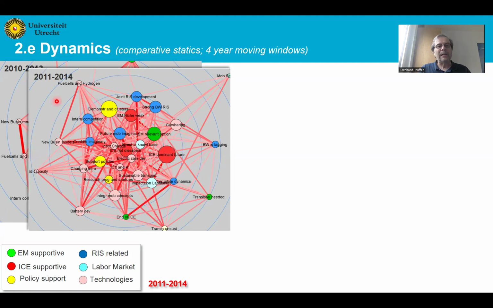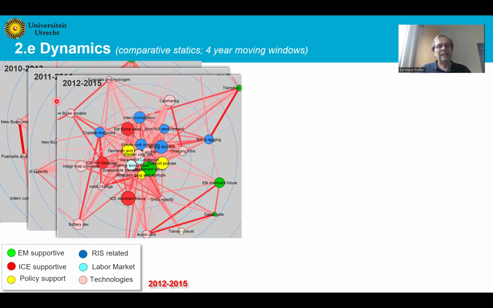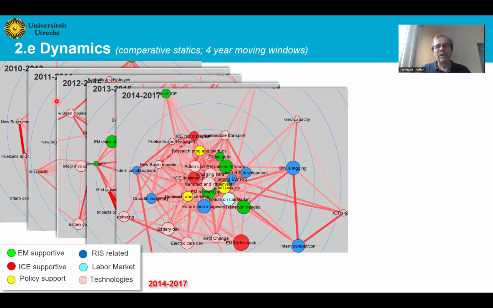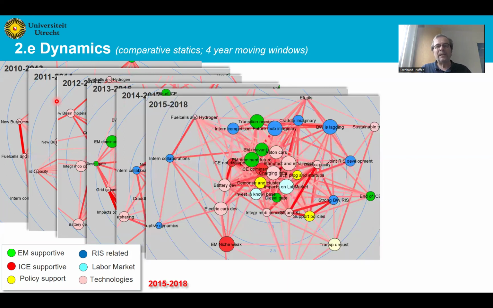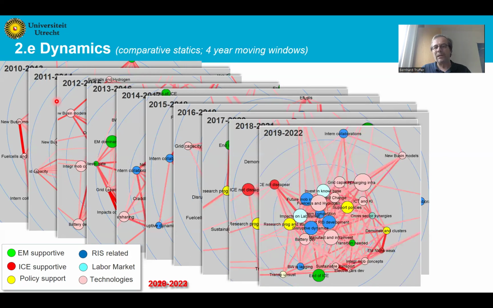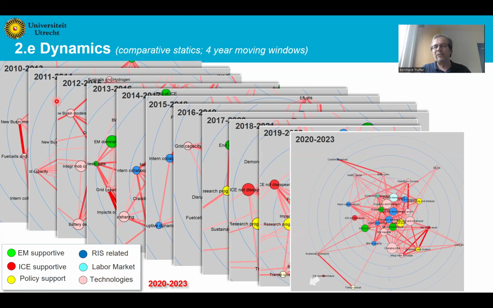If you go then from 11 to 14, you see that things are changing a bit, and the network is developing in a more incremental way. Things are appearing like the Dieselgate here suddenly, and you can then retrace the developments, which I will not comment on now in any detail, but you have a smoother transformation from the original to the end.